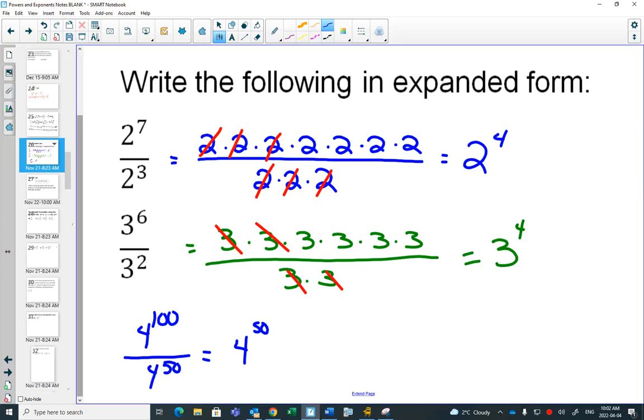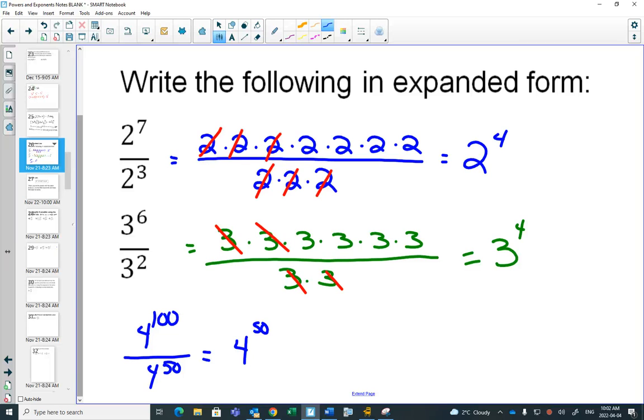Now, what you just did was the quotient rule, saying that since I understand what's happening, things are canceling out and equal to 1, I see that the shortcut is that of the 7 2's that were on the top, 3 of them get canceled out. That will leave me with 4 of them.